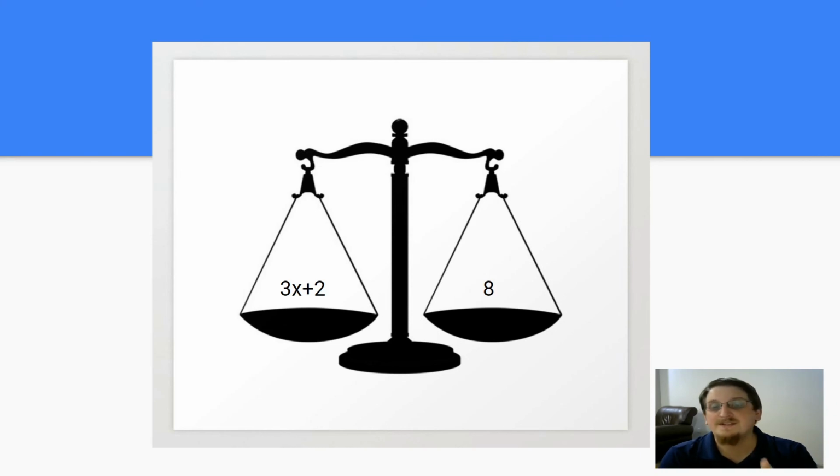One side only has an 8. We want to get rid of the 8. How do we get rid of the 8? Well, 8 minus 8 is 0. So if we can take away 8 from both sides, then our equation becomes 3x minus 6 equals 0. And in turn, we can figure out when our equation is 0 in a later video.